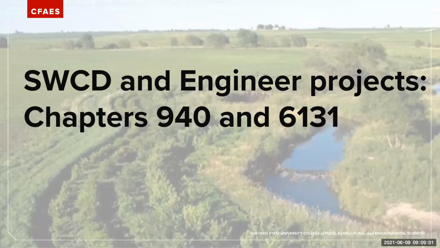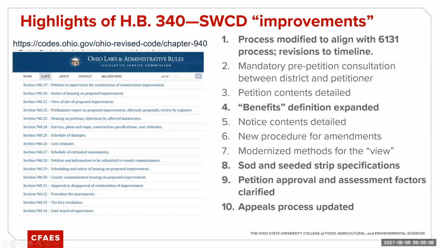These are the changes, highlights within those 2 chapters that are really the heart of the petition improvement. And we did change the language that it's no longer called a ditch, it's called an improvement. But here are the highlights in regards to the soil and water petition improvements.